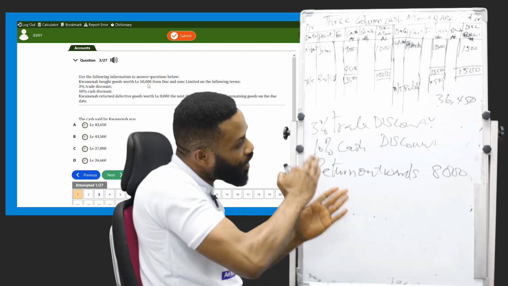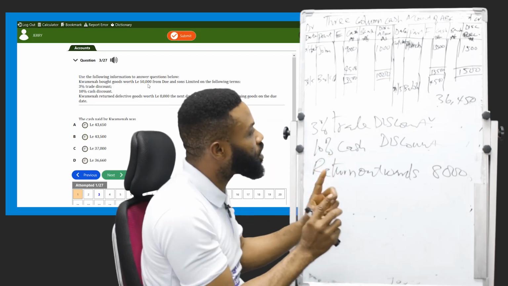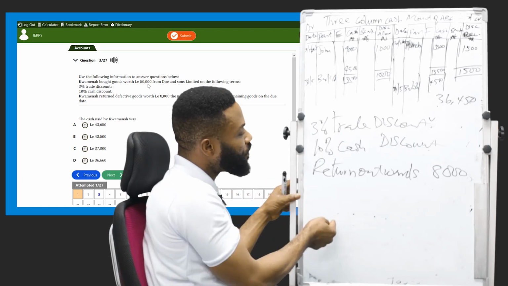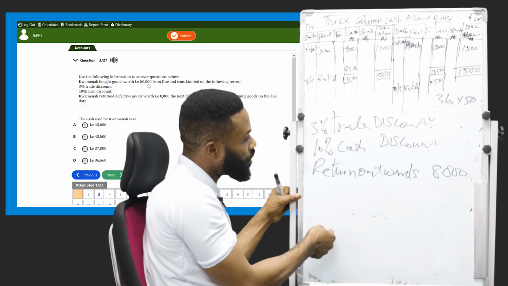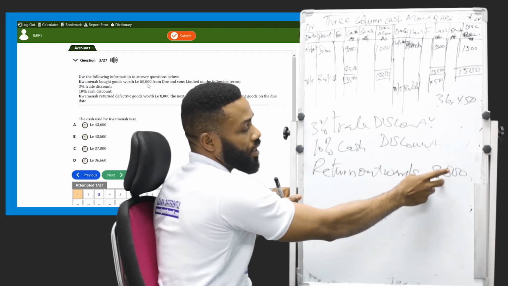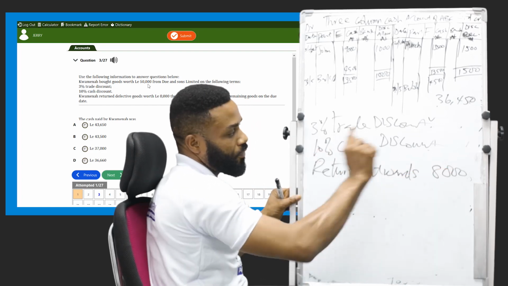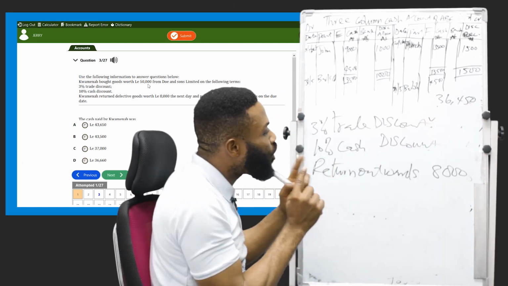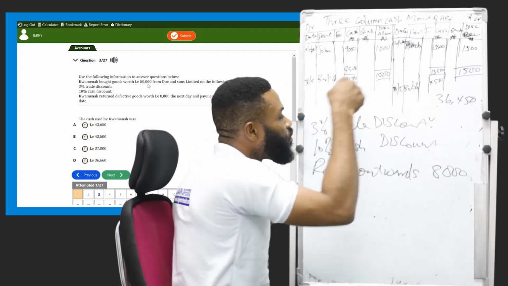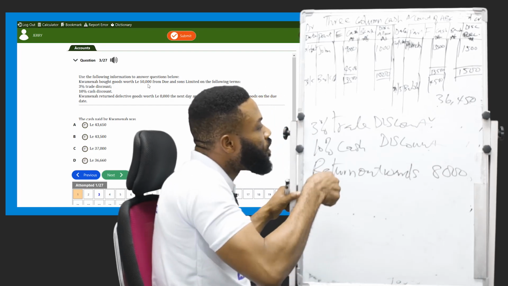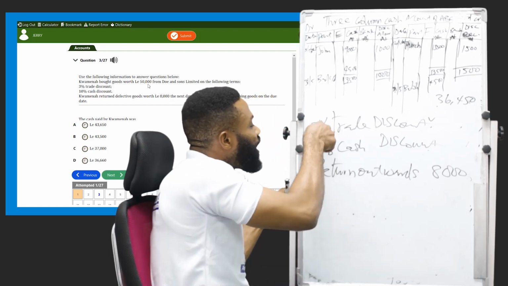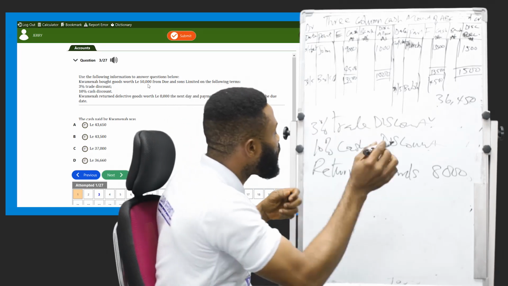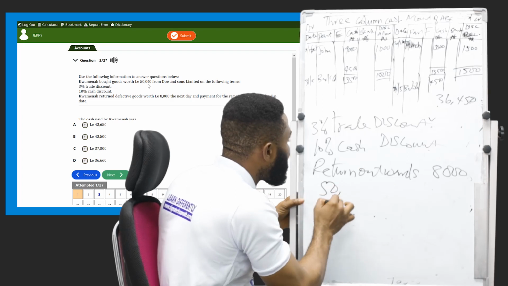Let's approach it in another way. In the first method, we deducted the trade discount from 50,000 before we removed our return outwards and then charged the 10%. That's the first method, and we arrived at 36,450. Now we are going to subtract the 8,000 from the 50,000 before we remove the 3% and 10% to check how much Kwamena paid. So what we are going to do, the money given to us is 50,000.